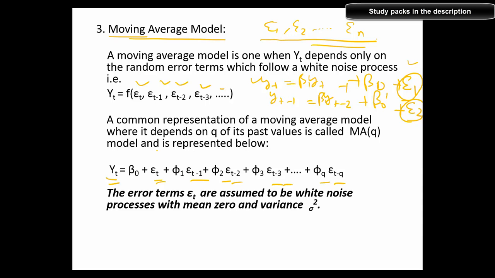So we do not have yt minus 1 anymore. Instead, we are using et and then et minus 1 and so on. And remember that these errors are assumed to be white noise. That means the mean of epsilon t should be 0, and the variance of epsilon t should be a constant. It doesn't change over time.